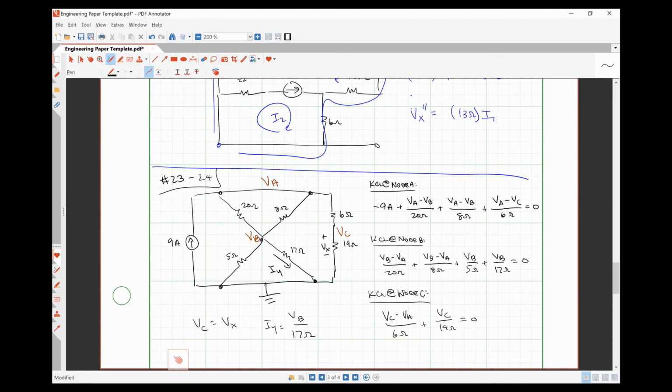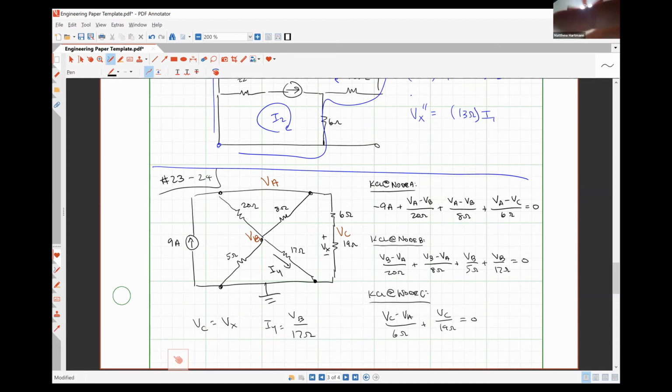Could you explain the fundamentals of nodal analysis? Like how are you able to select the VA, VB, VC, and is that the only way you could select those nodes? No, I could put my ground anywhere. I just chose to put my reference at the bottom. So nodal analysis tells us the potential difference between our node of interest and our reference node.